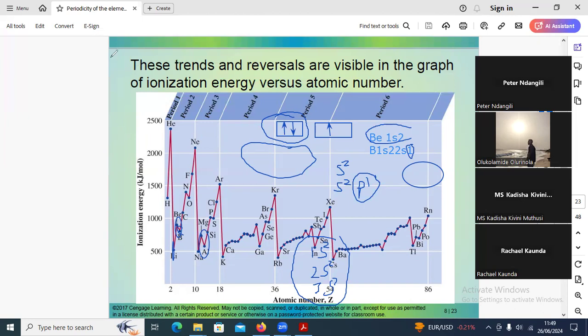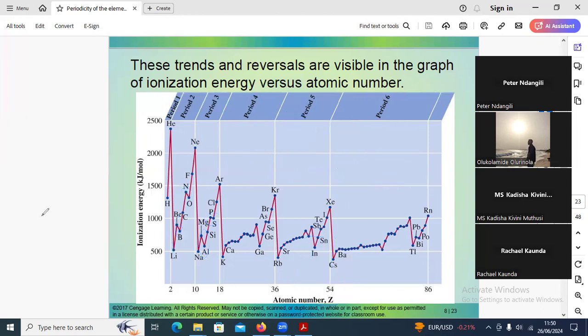The other one is between these elements here. Okay, what is happening here? In groups 15 and 16, the same we can explain using the electronic configuration.